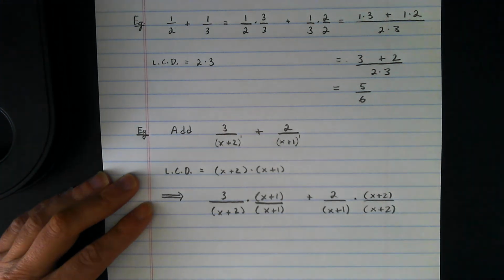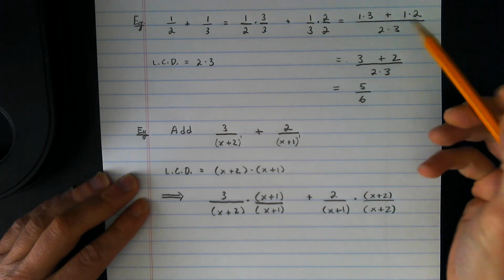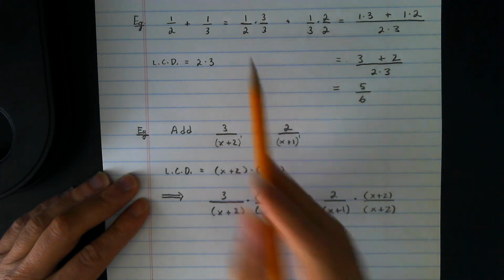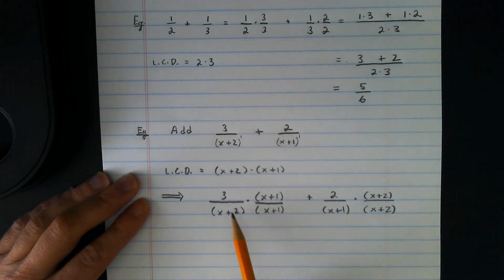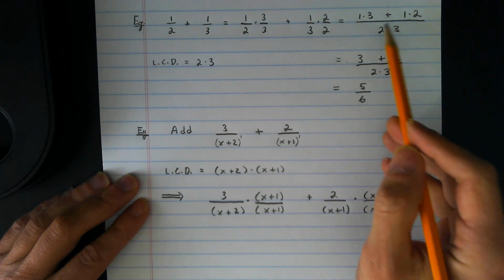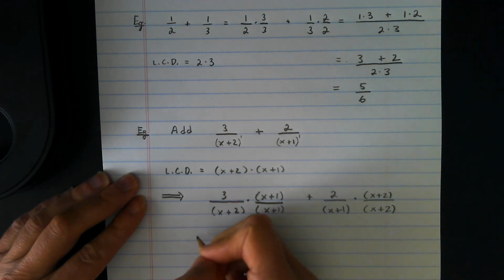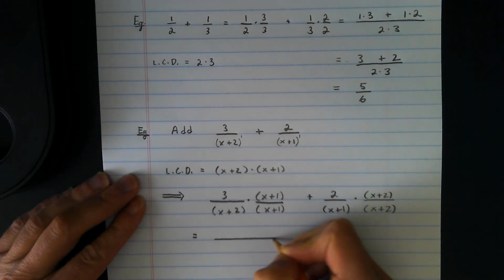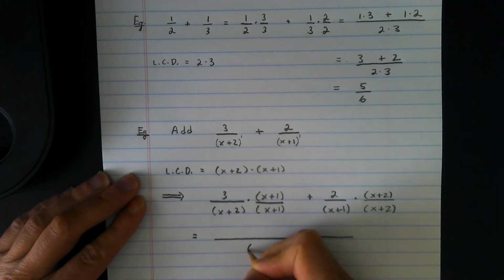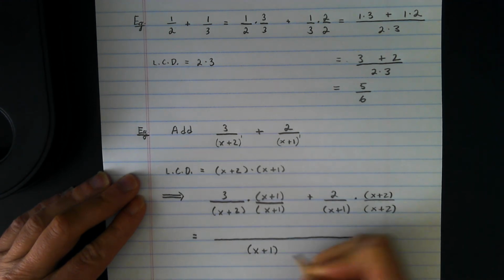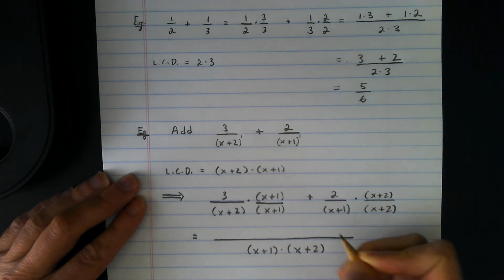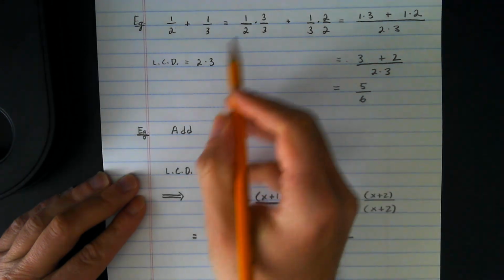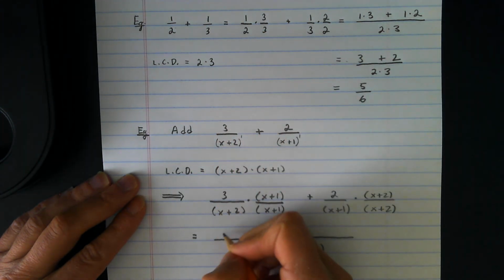Like so. Now, if we look at this example here, this next step is going to be the same as this step here. We want to write it as a single fraction. So I've got x plus 1 times x plus 2. That's my common denominator. And then the top: here I had 1 times 3, here I've got 3 times x plus 1.